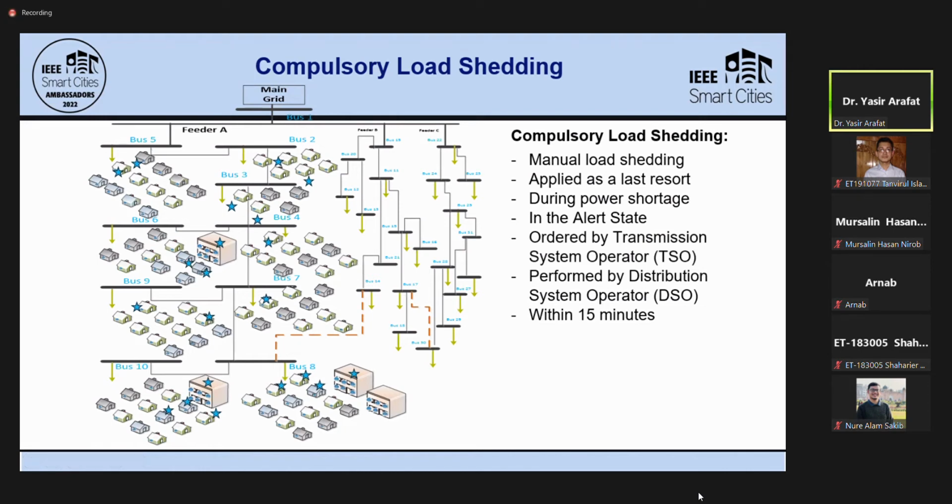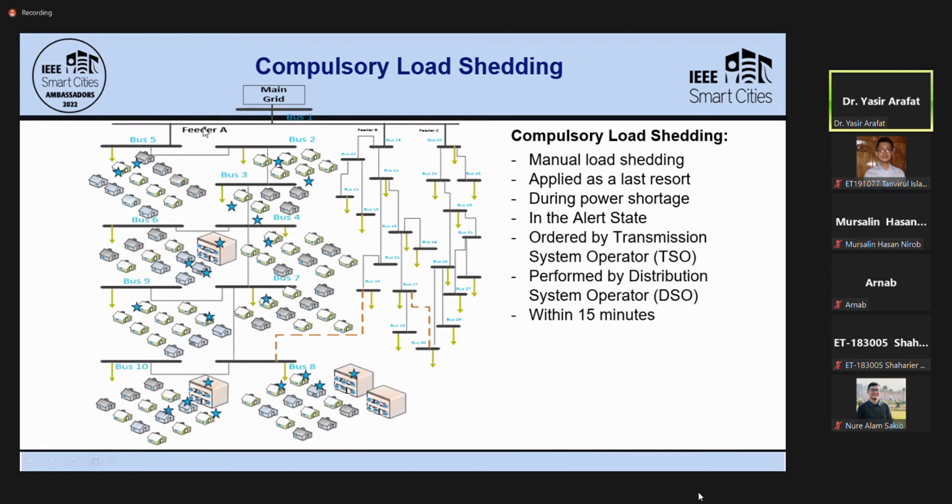Here we can see there are some star marks. I have used a star mark to mean that these are the prioritized customers under this substation, for example, clinics, pharmacy, grocery shops, etc. According to current practice, the compulsory load shedding will be done by disconnecting feeders from the medium voltage substation level.